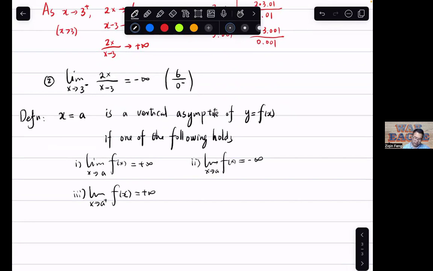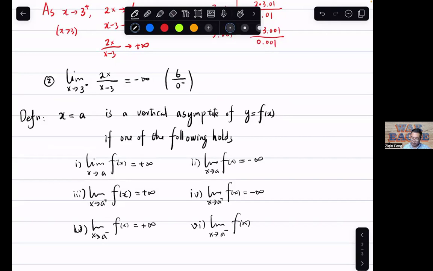The fourth one is as x goes to a on the right side, f of x is negative infinity. Number 5 is as x goes to a on the left side, f of x is negative infinity, or number 6, as x goes to a on the left side, f of x is positive infinity. The last one is negative infinity. So it's just 6.